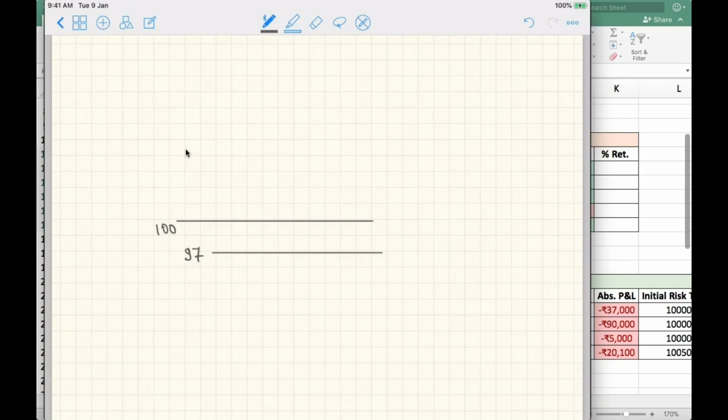Please understand, when you make these decisions, which stock to take, where to take the price, where to put the stop loss, subconsciously you are telling the market that I am going to take a bet of 3 rupees on my trade, on my chance, on my opportunity. I'm going to take a chance with you. If I go wrong, then I'll give you 3 rupees. That's the talk that is happening between you and the market.